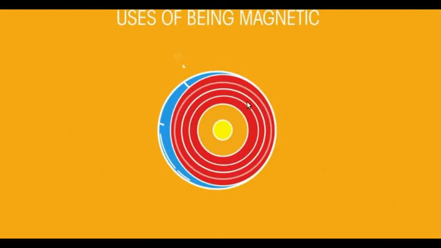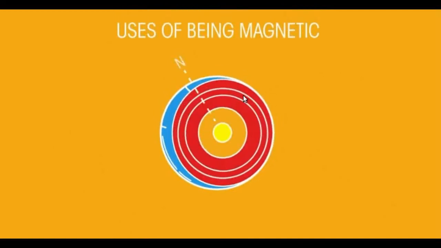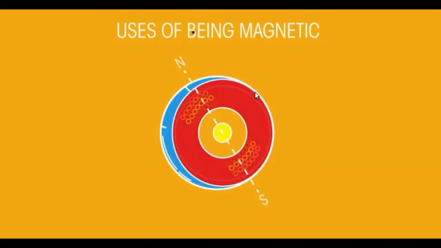This produces a circulating current, and due to the circulating current there will be a magnetic field. That is how the magnetism of earth is produced, and this is what is called the dynamo effect.